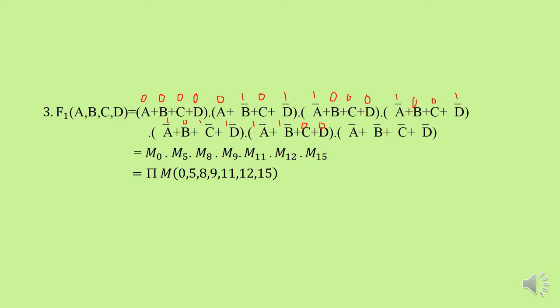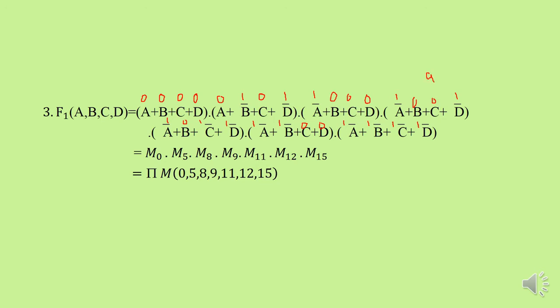Next, the 4 variable is represented by complemented variables. Here we write 4 1. So this is 0 0 0 0. What does it mean? 0 0 0 0 means the decimal representation is 0. 0 1 0 1 means 5. 1 0 0 0 means 8. 1 0 0 1 means 9.